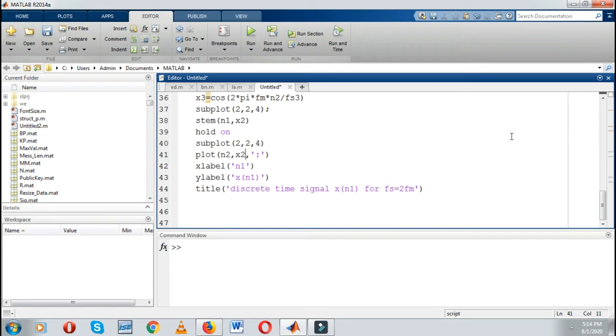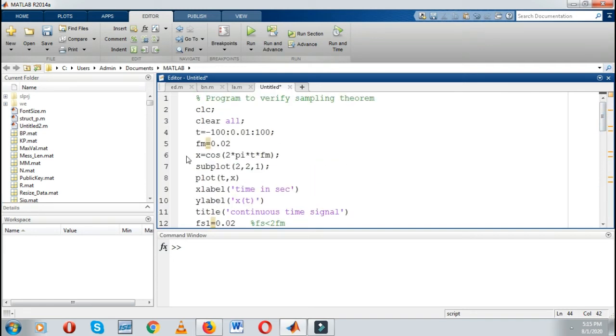Here I have to write n2, x3, n2, again x of n2. The condition is fs greater than 2 fm.